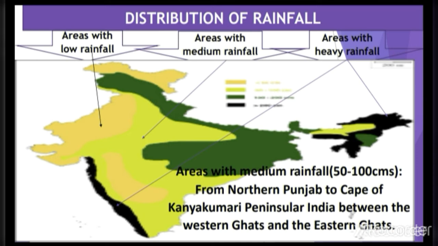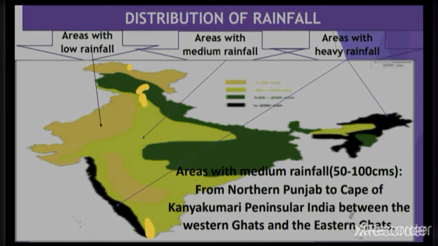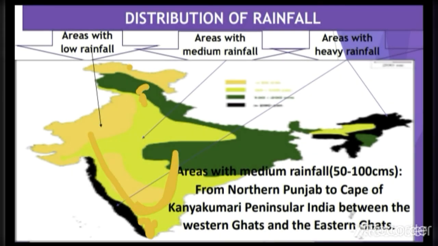Area with the medium rainfall, that is 50 to 100 centimeters, from northern Punjab to Cape Kanyakumari, and peninsular India between the Western Ghats and then Eastern Ghats, 50 to 100 centimeters.